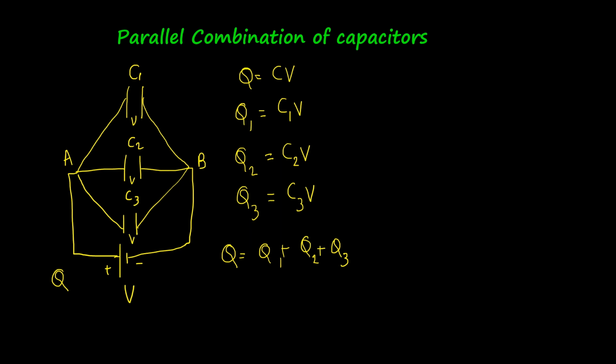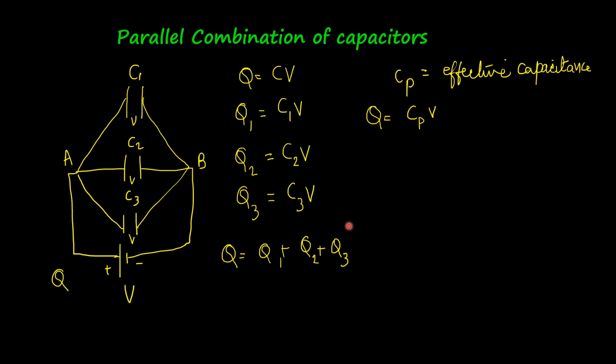Now let us see the effective capacitance. The individual capacitance of the capacitors is C1, C2 and C3. We will use the symbol Cp for effective capacitance in parallel combinations, P for parallel. Substituting for Q, Q is equal to CpV.